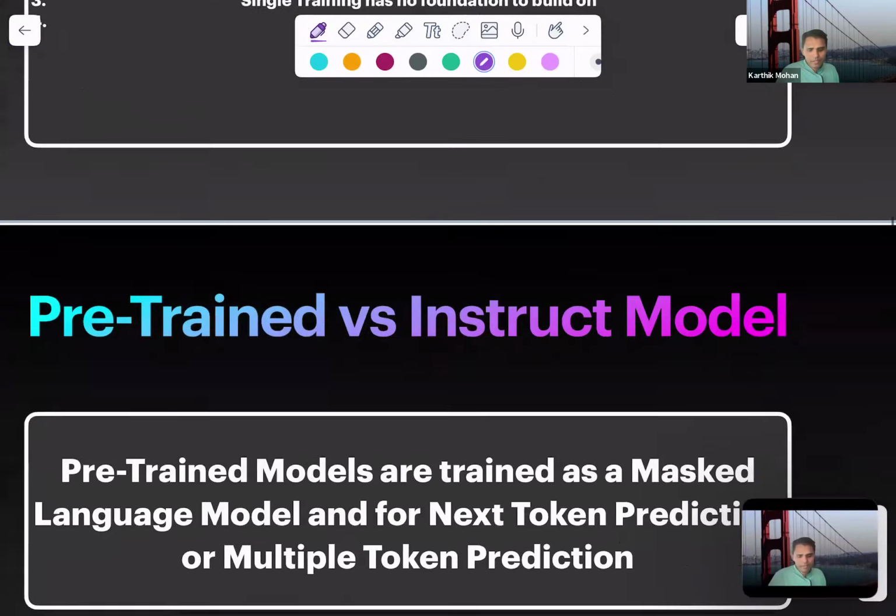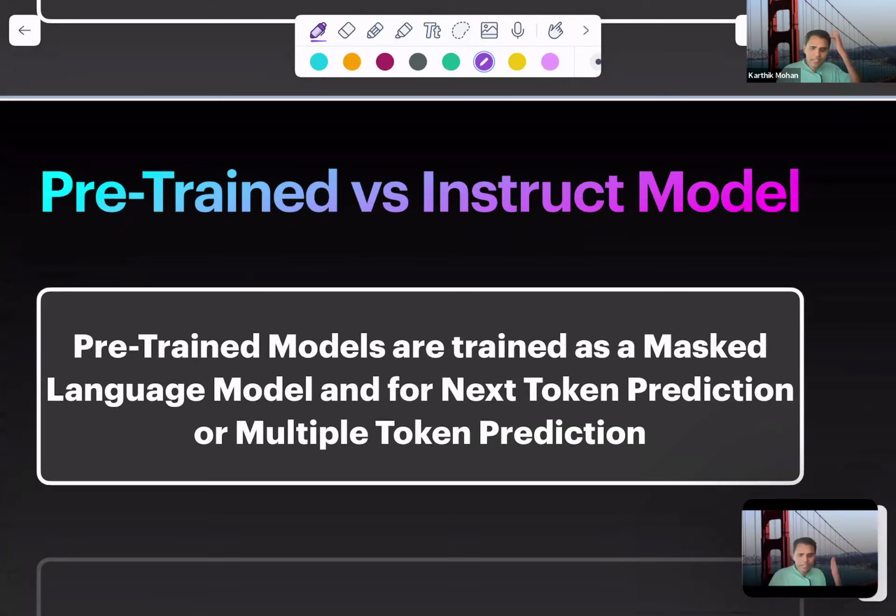All right. So let's look at pre-training versus instruct, right? Pre-trained models are trained usually as a masked language model and for next token prediction or multiple token prediction.